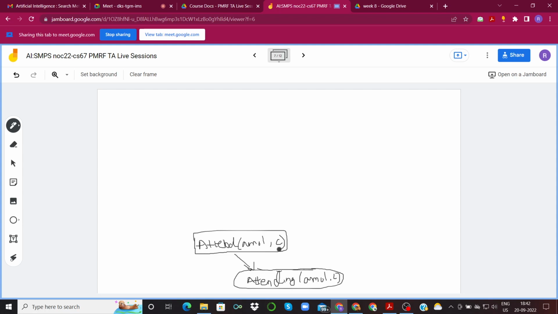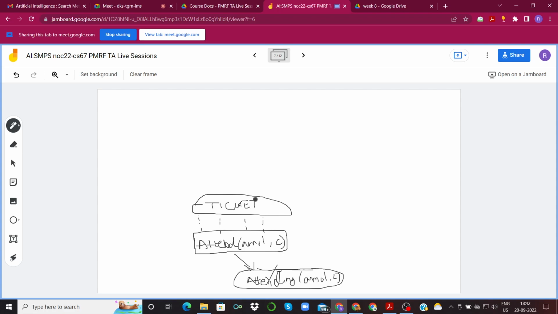Attend Amol concert. So this will have a certain positive effect, which is attending concert, and this again requires some preconditions. So what are the preconditions for attending a certain thing? There must be a ticket. Exactly. So a ticket must be there, and this would again become one of the goals.